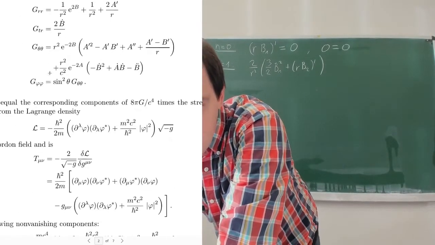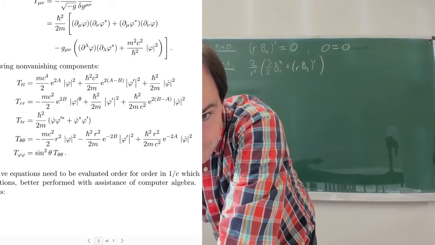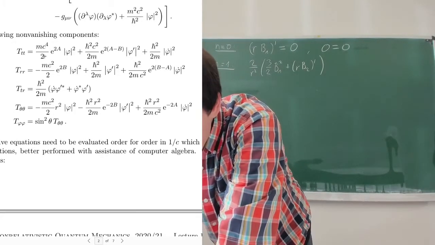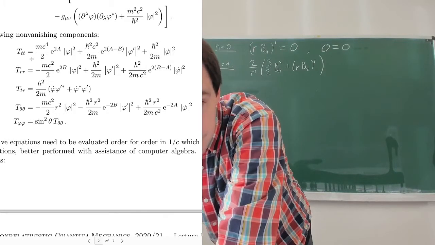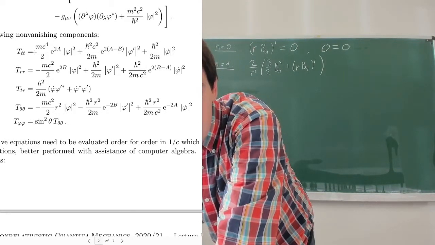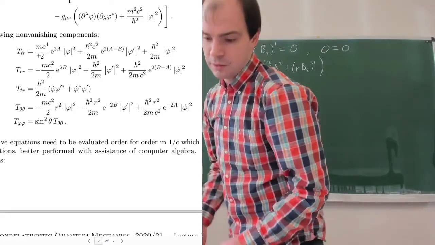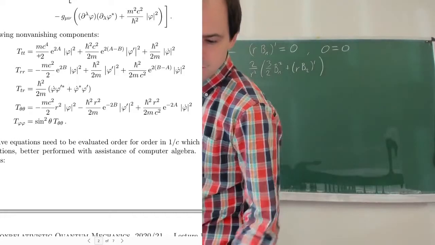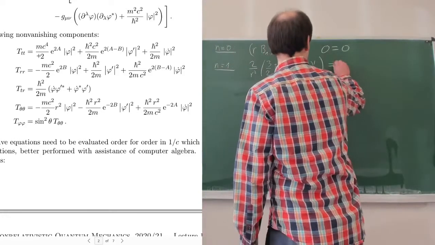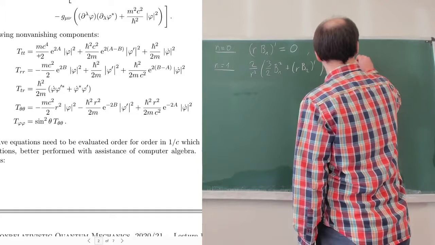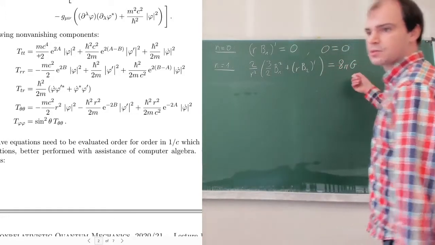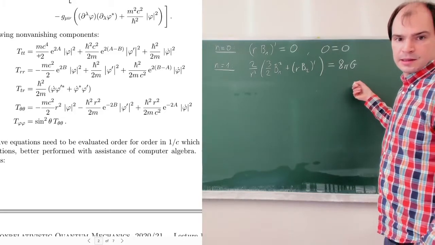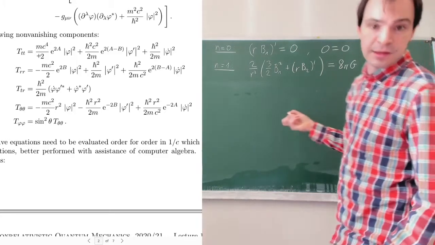And then at the same order, this is where for the first time we get a contribution from the stress energy tensor at the lowest order, and this just gives us 8 pi g, because remember we have 8 pi g divided by c to the power 4 in Einstein's equations.